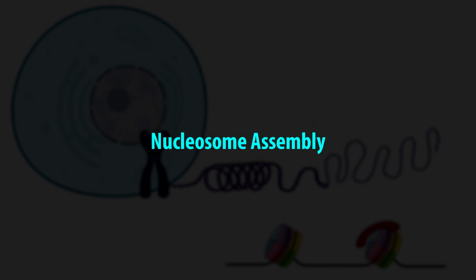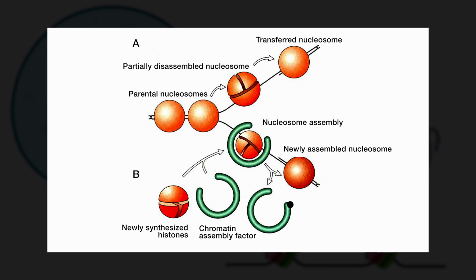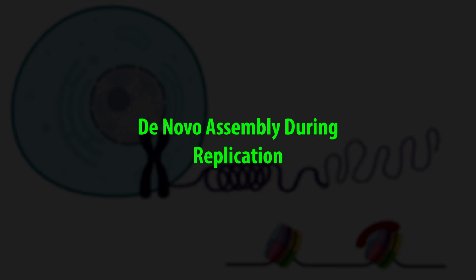Nucleosome assembly is a tightly regulated process ensuring DNA packaging post-replication or repair. It involves histone chaperones depositing histones onto DNA, preventing aggregation and ensuring proper spacing. De novo assembly during replication.